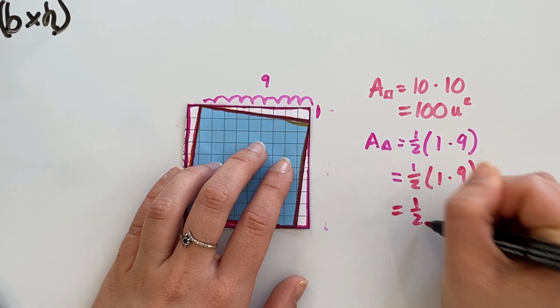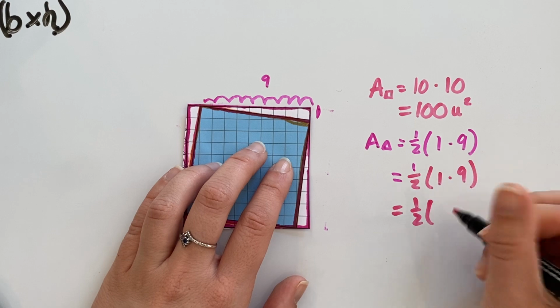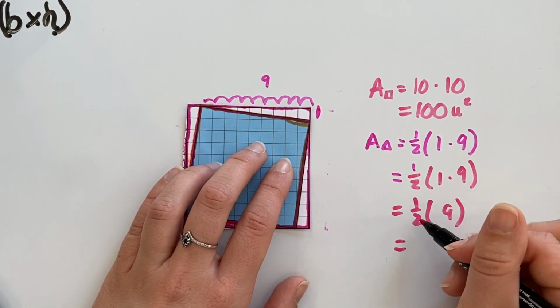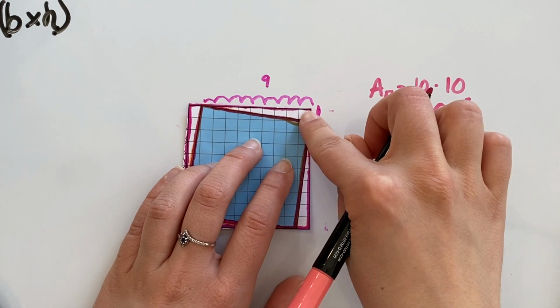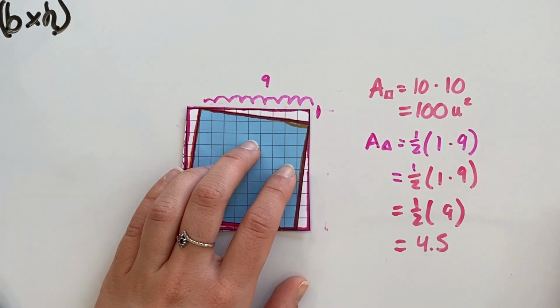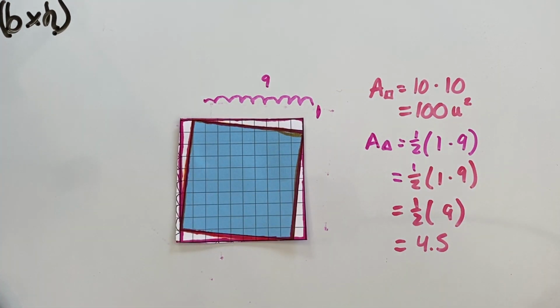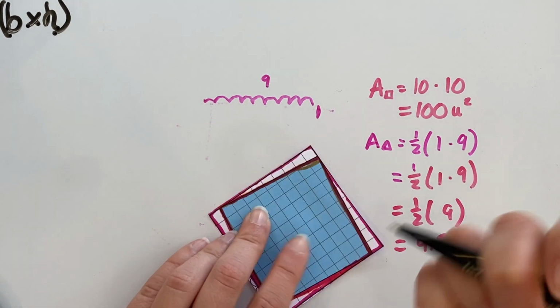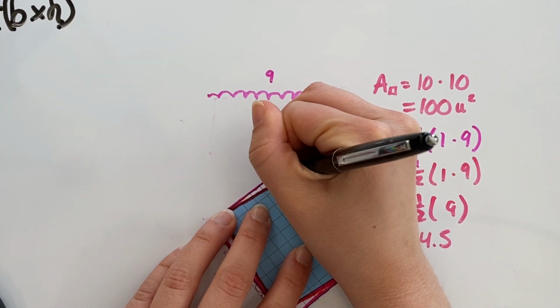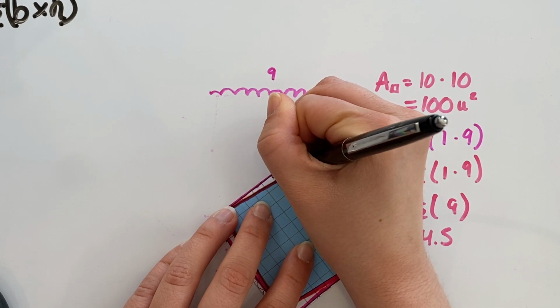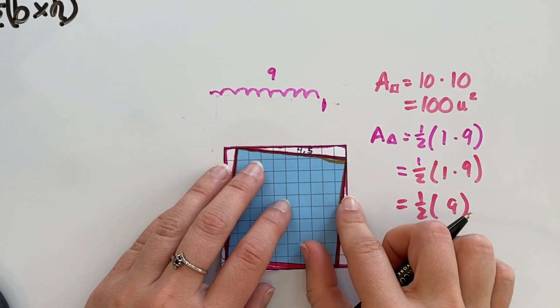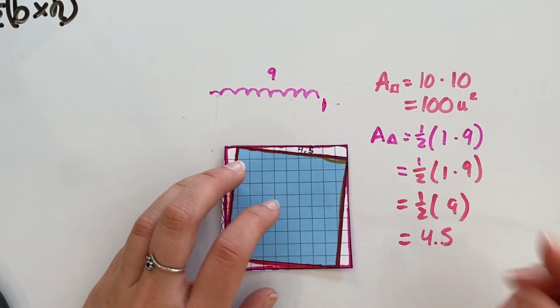So then we have 1/2, 1 times 9 is 9, and half of 9 is 4.5. So we know that the area of my triangle here is 4.5. And you will see that I'm going to write that really small in here to help me. 4.5. All right, so I wrote it in there that my area is 4.5 here.